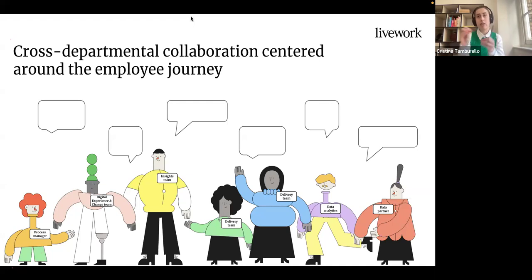And here is a snapshot of who they have been. All the different delivery teams in different pockets of the organization, as well as data analytics and data partners, process managers and experts, as well as people part of change functions.